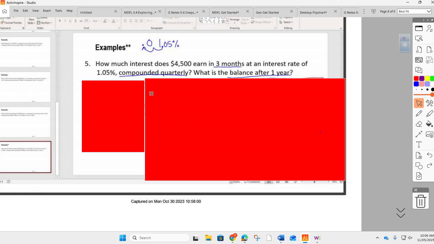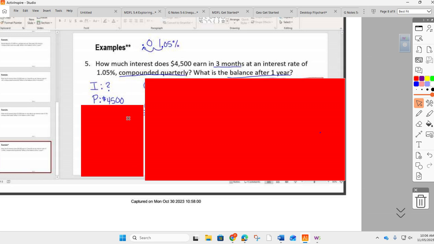So we're going to start by identifying our parts that we're plugging into the formula. The principal we know, hopefully at this point, is 4,500. The interest rate, divide by 100, lose the percent sign. The shortcut is to move the decimal point 2 places to the left. At this point, though, if you don't know that shortcut, the easiest thing to remember is just divide it by 100 on your calculator.